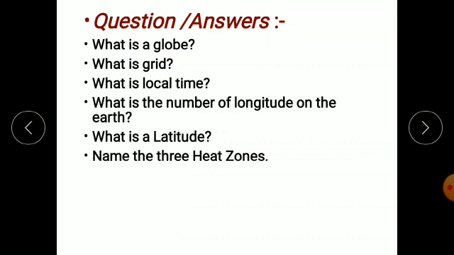So the number of longitudes on the earth is 360. Next question is, what is a latitude? The angular distance of a place north or south of the equator is called a latitude. Next question is, name the three heat zones. So the three heat zones are torrid zone, temperate zone, and frigid zone.